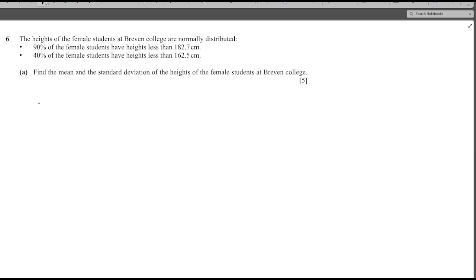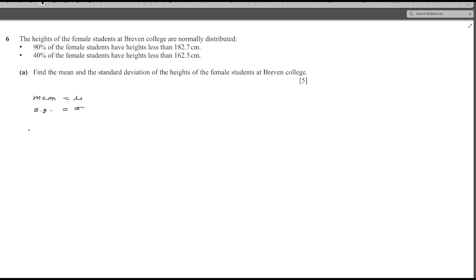So let us consider mean is mu, and we have to find mean and standard deviation, and standard deviation is sigma. Now according to the problem, 90% of the female students have height less than 182.7.